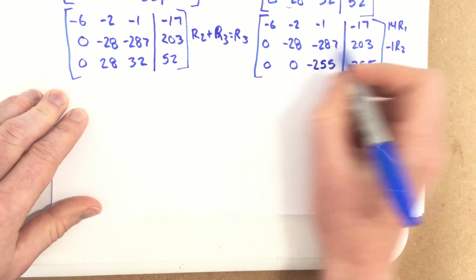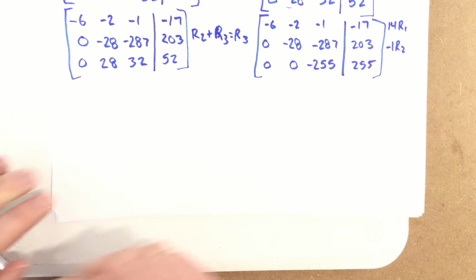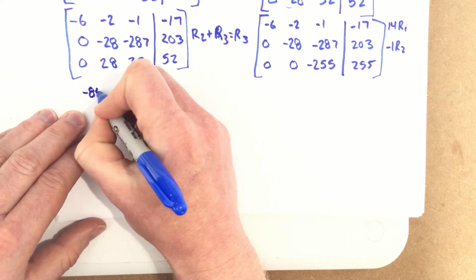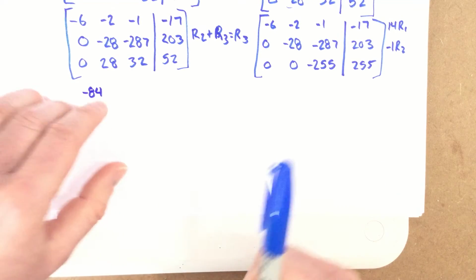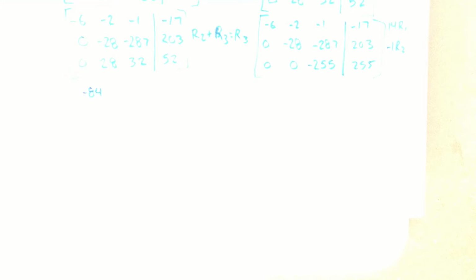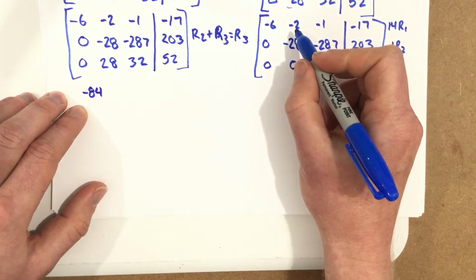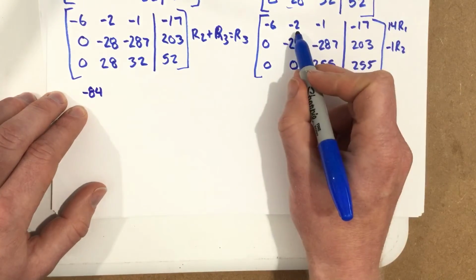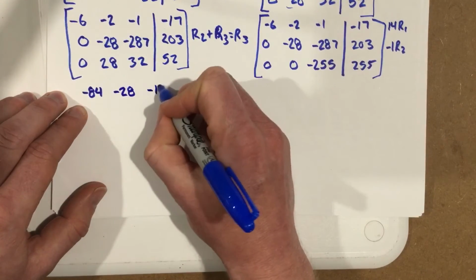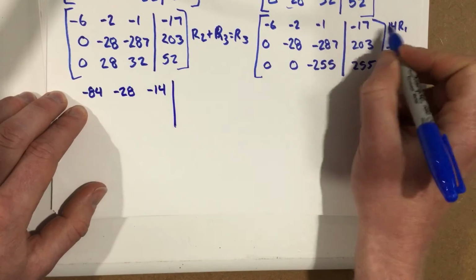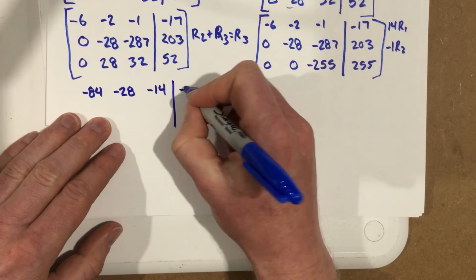I get negative 6 times 14, negative 84. 14 times negative 2 is negative 28. 14 times negative 1 is negative 14. 14 times negative 17, negative 238.